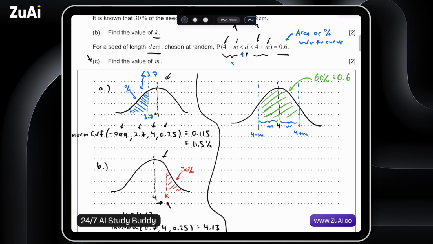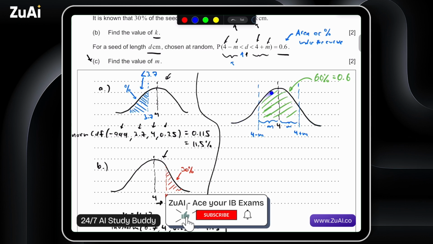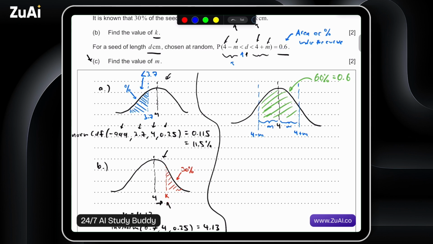Let me see if I can summarize that once again, from the top. Standard normal curve gives us all of our values, all of the seeds are under this curve, centered about the value of 4. If we're talking about 4 minus m and 4 plus m, these are the cutoff points where we're going to have 60% or 0.6 of all of our seeds between these two cutoff points. So the probability that we're within this range is equal to 0.6.